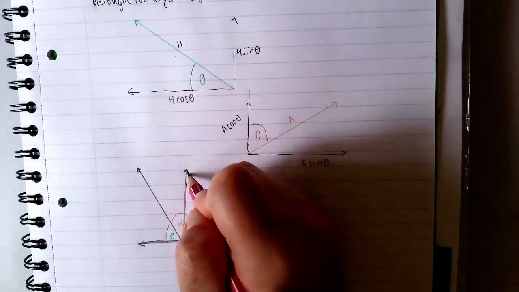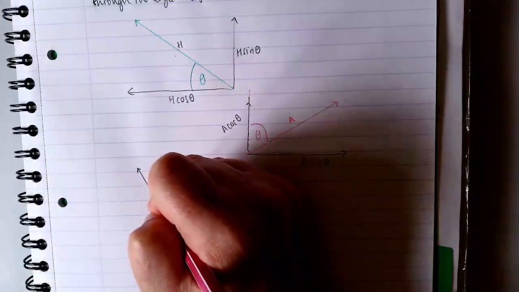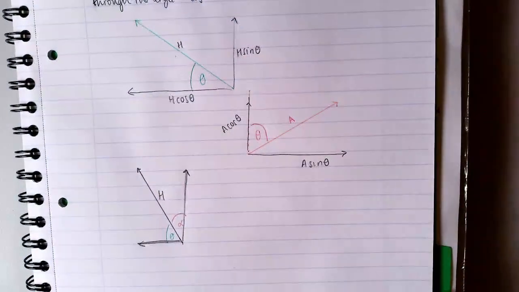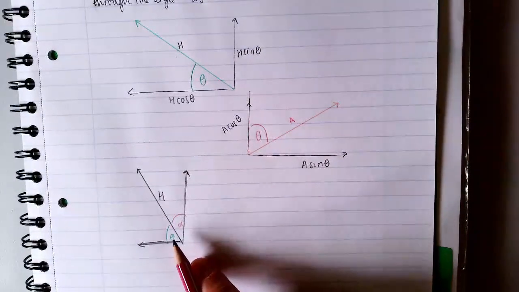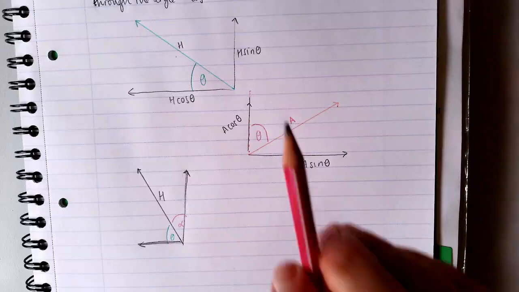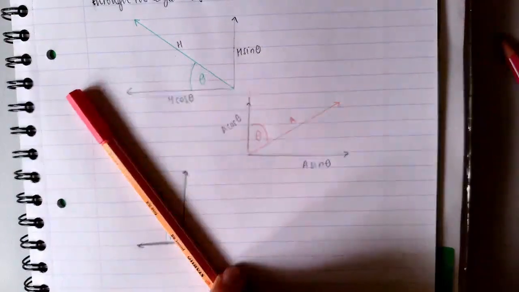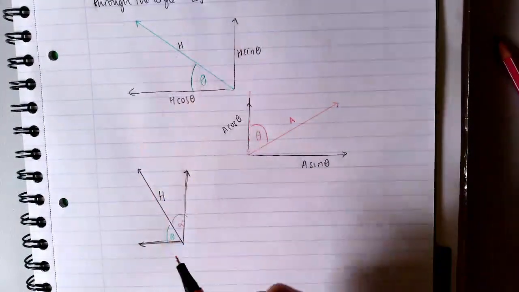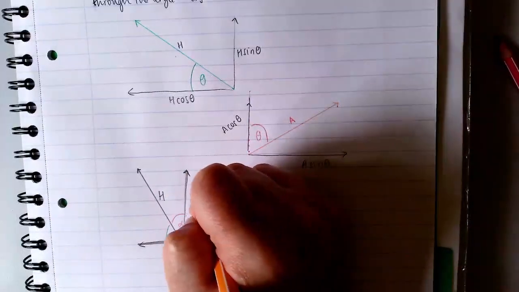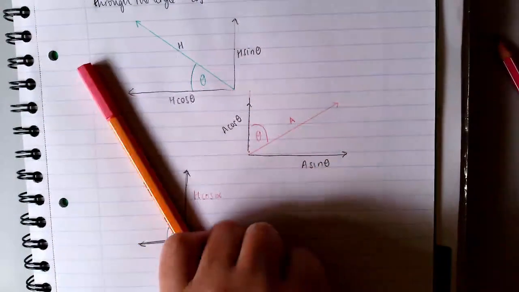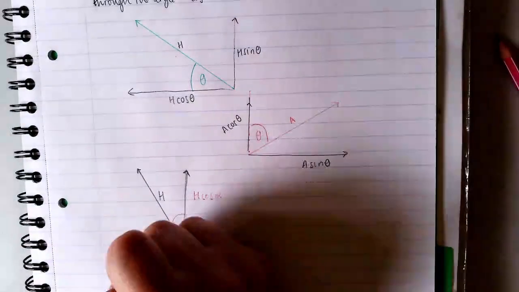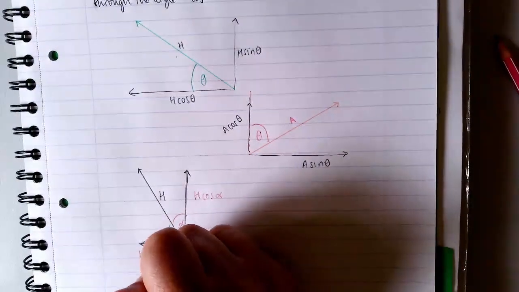Now I am going to call this vector h. I can express the vertical component either in terms of alpha or theta now. As I go through alpha, through is cos, I can call this h cos alpha, and therefore because I'm going away from alpha this way, I call this sine.